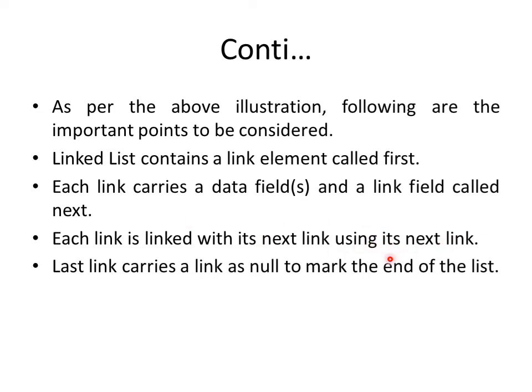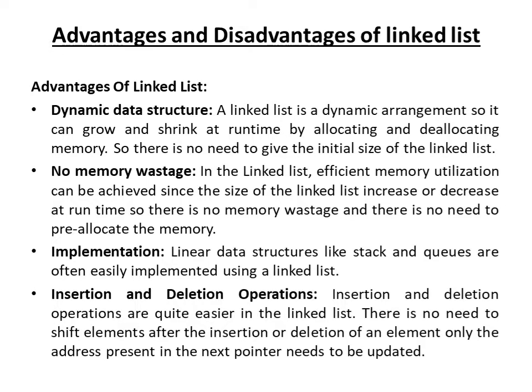The last link carries a null link to mark the end of the list. That means when it moves from one node to the next node, and so on, at the last node the link section will have a null value that marks the end of the list, as explained previously.